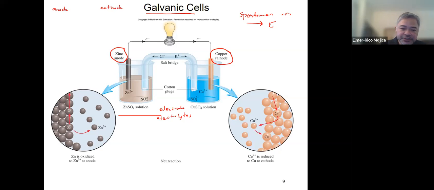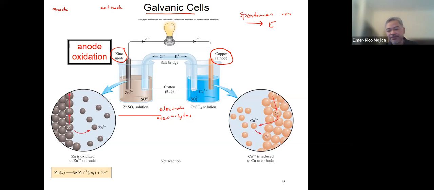Now usually the anode is the electrode where oxidation takes place. So what happens during oxidation? There is usually the loss of electrons.